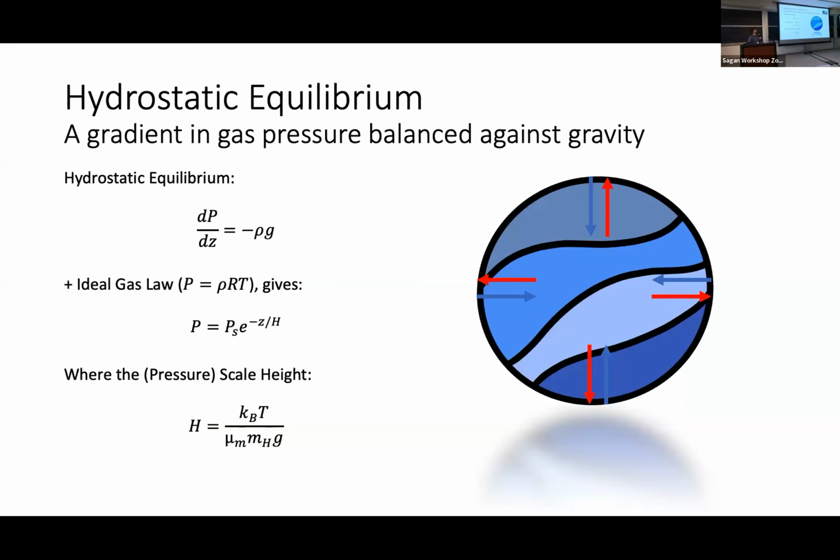Moving forward, planets that have atmospheres maintain hydrostatic equilibrium. This is where the gravitational force downward, or inward towards the planet, is balanced against a gradient in gas pressure.